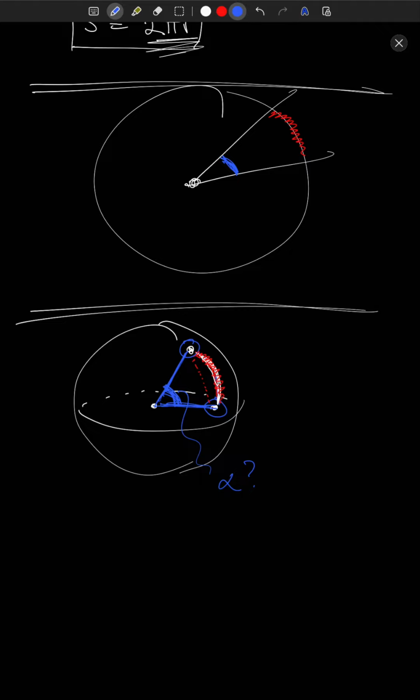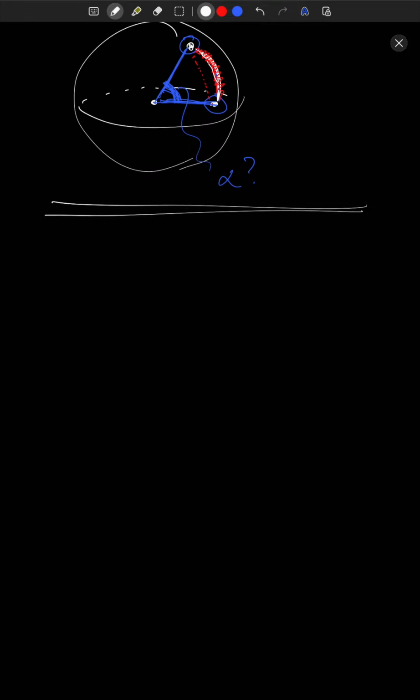We know alpha because latitude is essentially the angle. All right. Okay, so that's arc length. Again, relatively straightforward if we think about it in the right way.